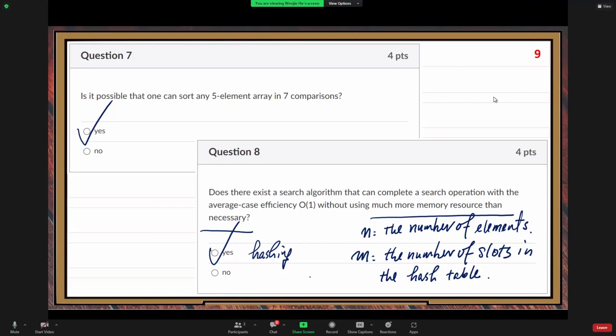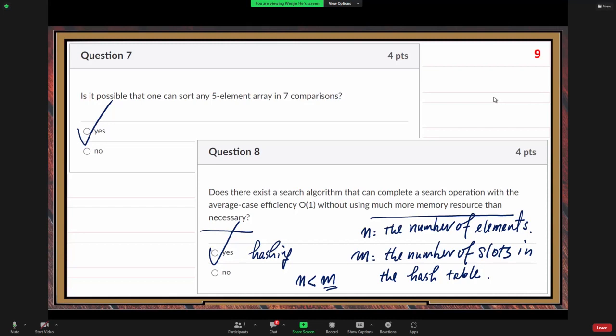But when you use it, you would like to make m larger than n. You leave some room in your hash table. You make slightly more slots than the number of elements. The reason you leave some room is that you want to reduce the collision problem, which will slow down the performance.